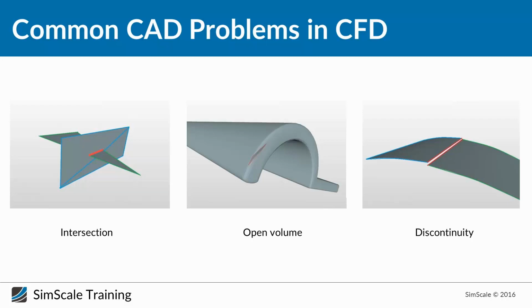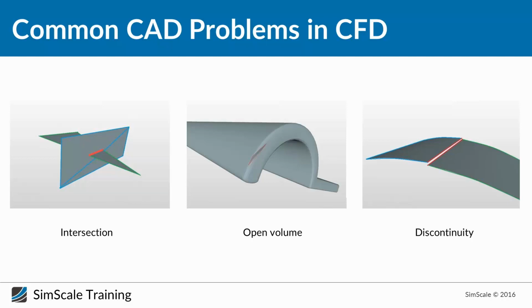This will create problems later for the mesh generation, because sometimes the algorithm of the mesh generation cannot understand which surface has to be meshed and which one will be cut from the geometry. This is really important to take care of before starting your simulation.